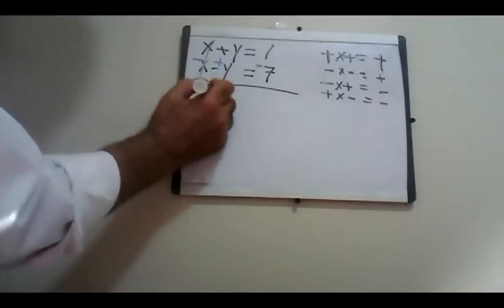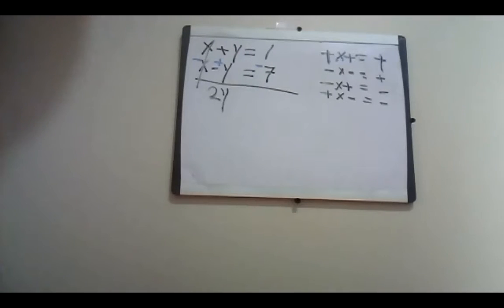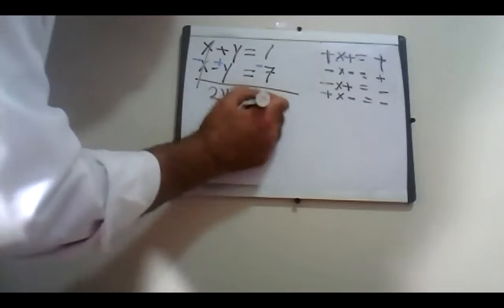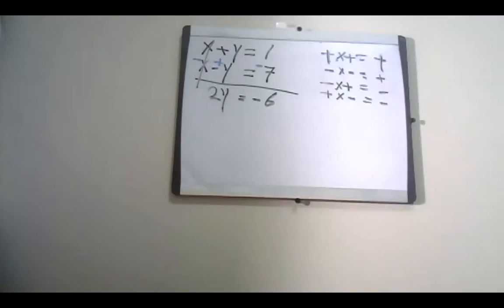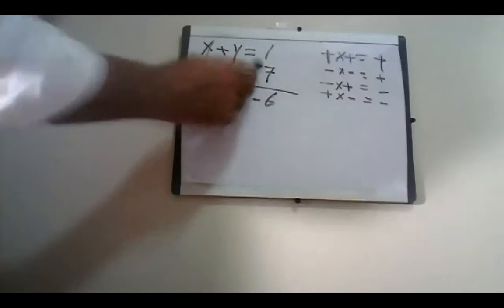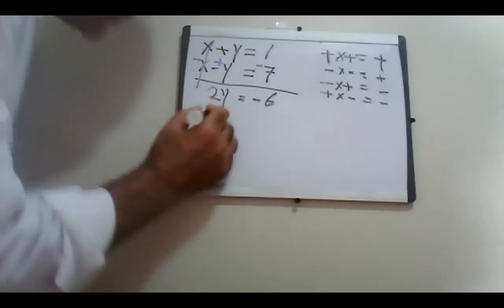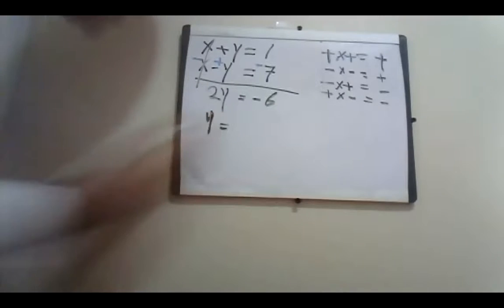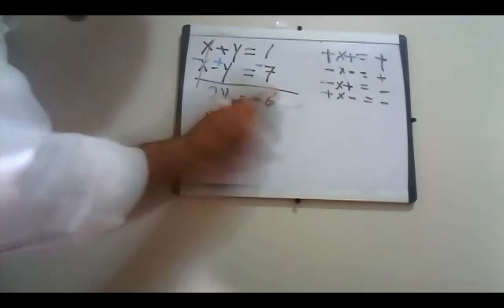So those two will be 2y, because 1y up and 1y down, 2y equals minus 6, because 1 minus 7 will be minus 6. Then if I want y only, it will be the far by the near.